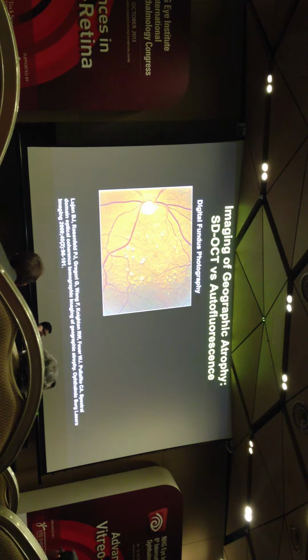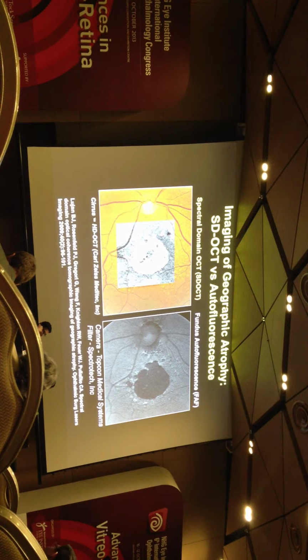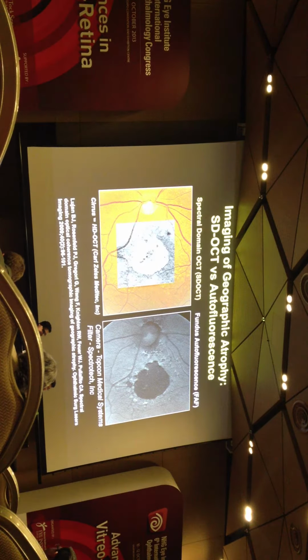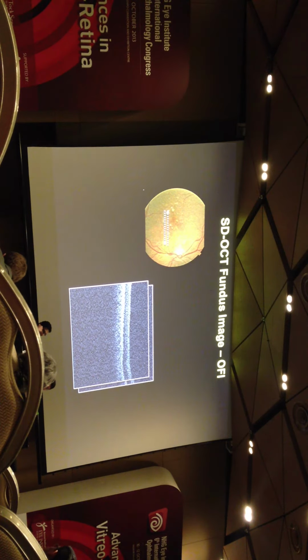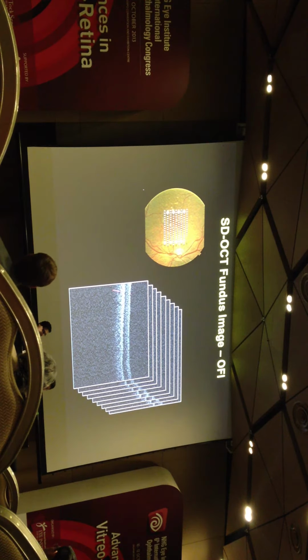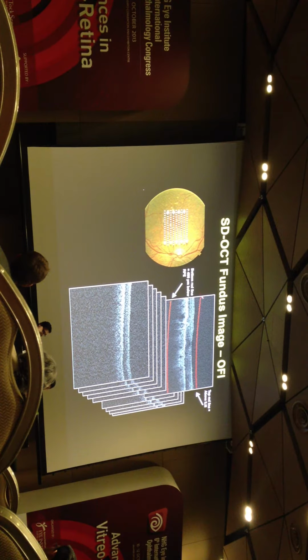Okay? And you can see in this case with the color fundus image, it looks very much like the autofluorescence with the en-face image, where you really don't see it too well in the color fundus image. Okay? So this is how we create the en-face image. We collect all these B scans, all right? And essentially what we're doing is we're taking a slab.